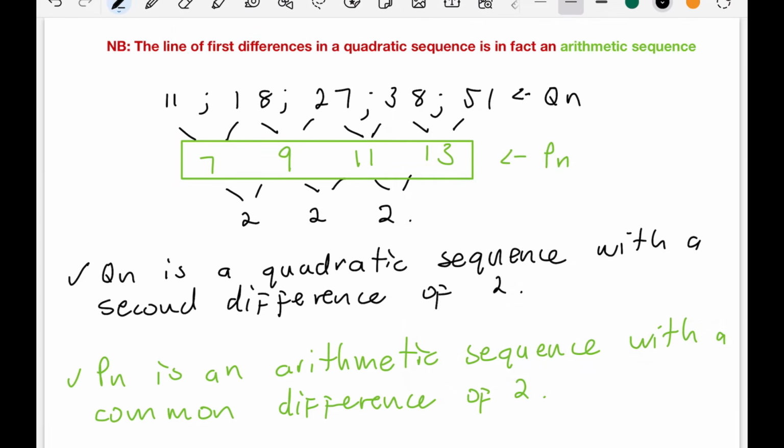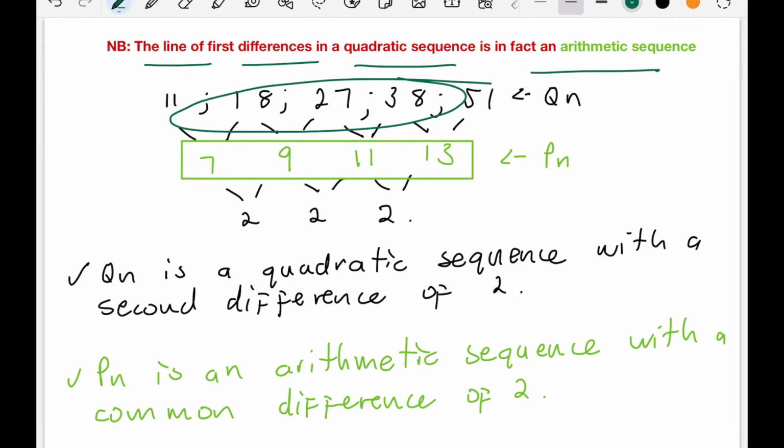This is quadratic because it has a second difference of 2. But imagine if we looked at 7, 9, and 13 as a sequence itself. What I want you to notice is that that sequence has a common difference of 2. That's why we say that the line of first differences in a quadratic sequence is in fact an arithmetic sequence.